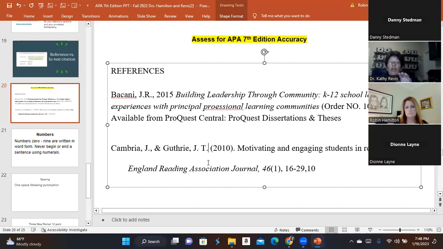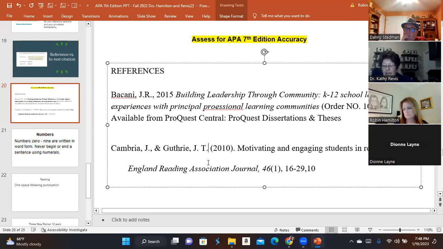When you get down to volume and page and issue, I have to look it up. But there's a pattern to all this stuff, and you will get it. You may have to look something up, but your most common things, if you're using a lot of journal articles, will be a pretty easy pattern to follow.